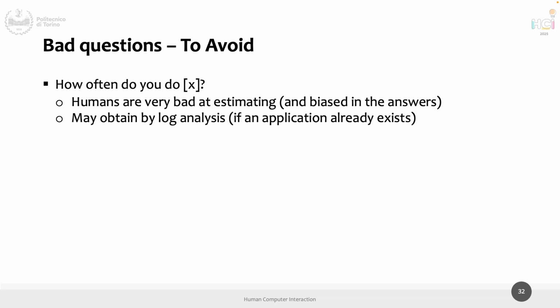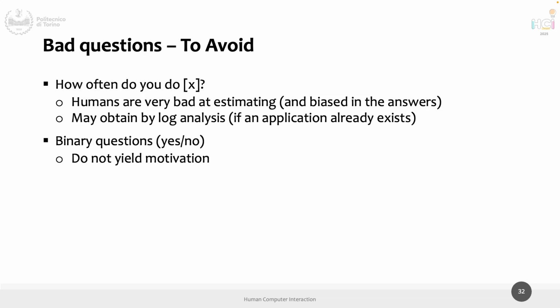If you have the opportunity to look at numbers, log analysis, stats, etc., it's better to ask for quantitative data than for an estimation, because human beings are typically bad at estimating things in one way or another. Binary questions are another kind of question to avoid, because a yes/no question gives you no useful information.